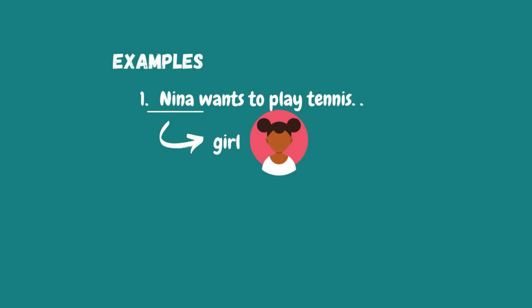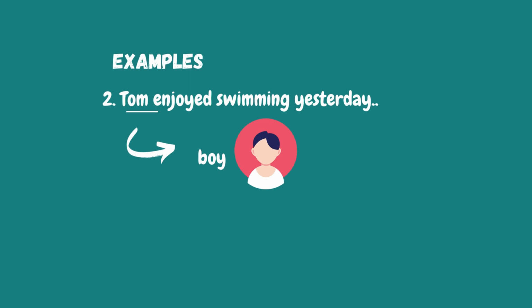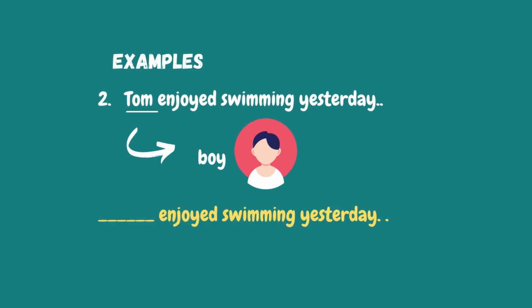Here are some examples. Nina wants to play tennis. Nina is a girl. So what should be the right pronoun to replace Nina? She. She wants to play tennis. Tom enjoyed swimming yesterday. Tom is a boy.